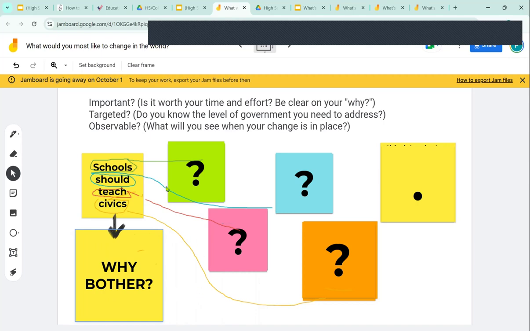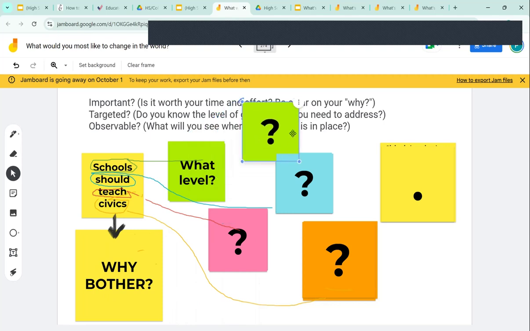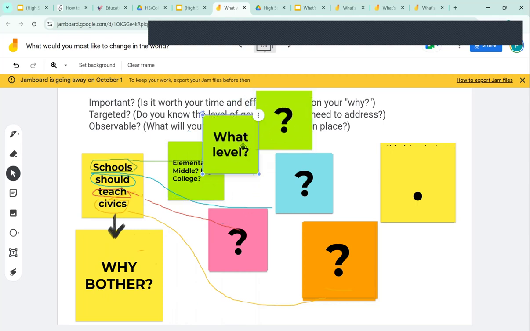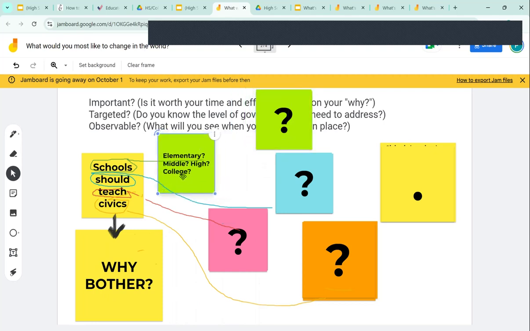All right, so to do this, if I'm looking at this and I'm talking about schools, I need to be more specific. What level am I talking about? Elementary, middle, high school? Well, it turns out that in New Jersey, we've just had a law that requires civics in middle schools passed.